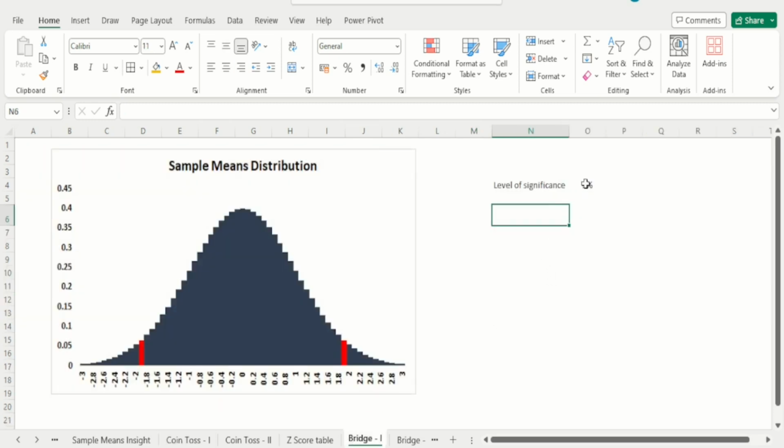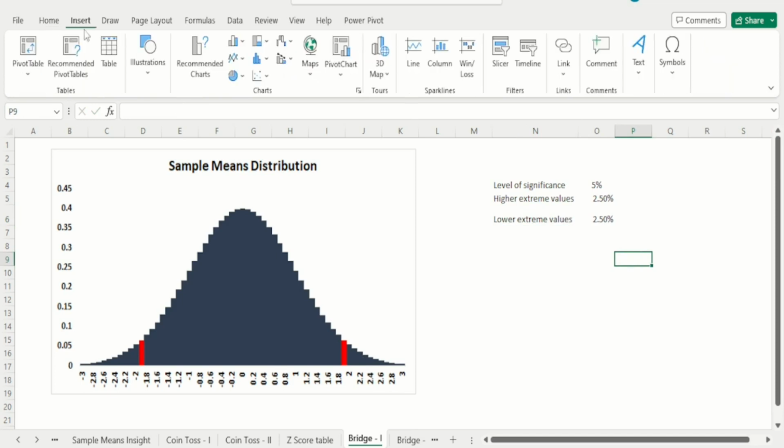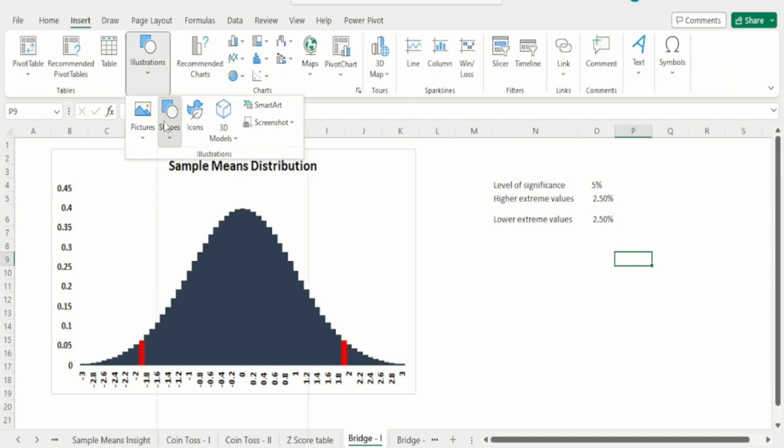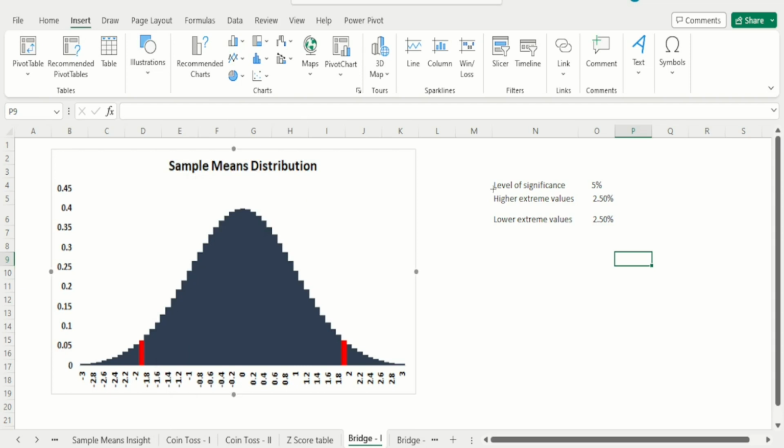So in other words, this 5% is now going to be broken up into two halves, each of them with 2.5%. And let's say this is the higher extreme values, and then you have 2.5% of the lower extreme values. So if you look at the diagram here, this section right here, and let me just make a quick arrow so that it's easier to understand.